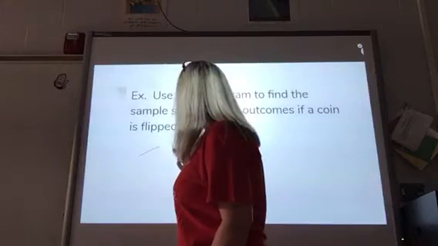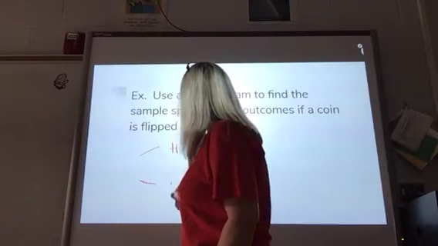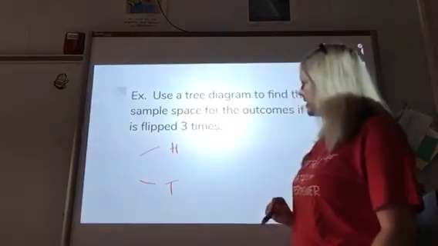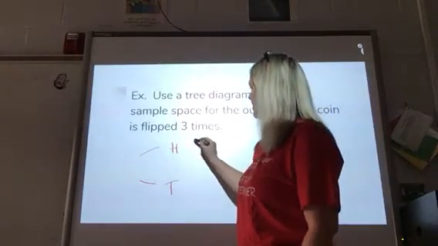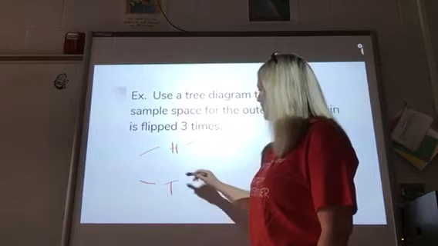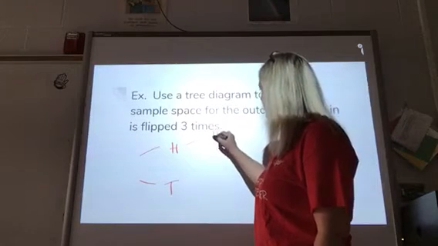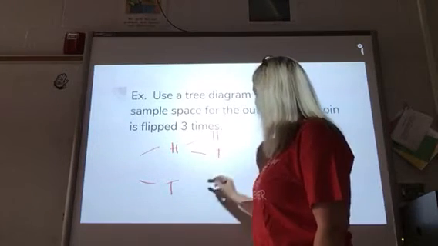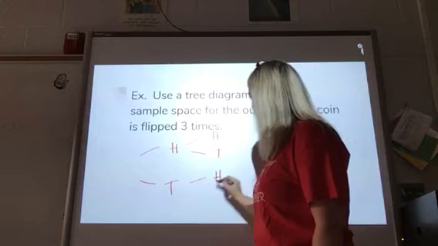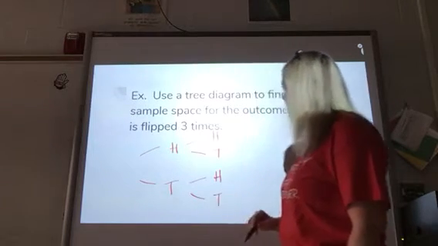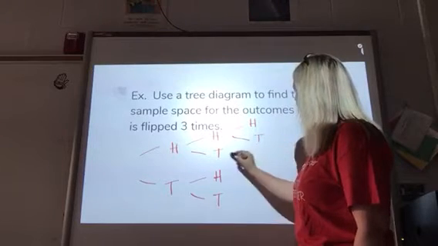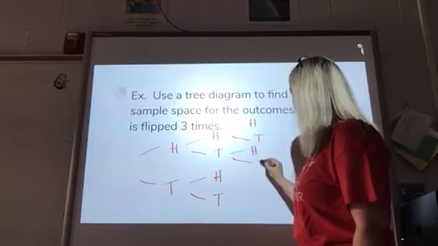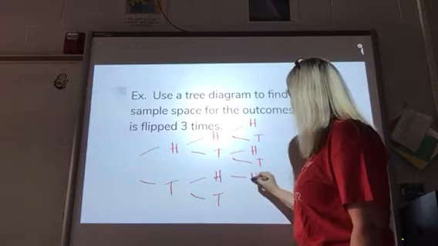So if I flip a coin, the first time I flip it, I can get heads or tails. So these are going to look like branches. The second time I flip it, if I got a head first, I could get a head or a tail, head or tail here. The third time I flip it, I could get a head or a tail, and all these possibilities.